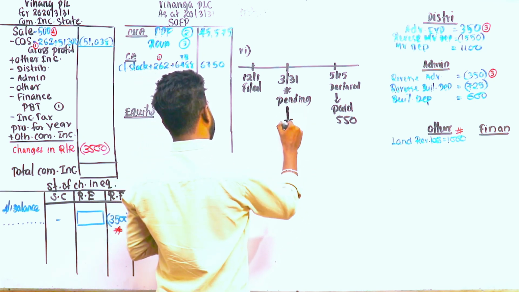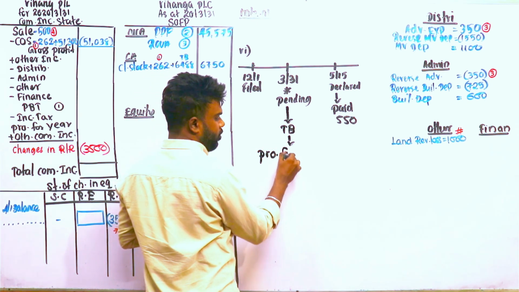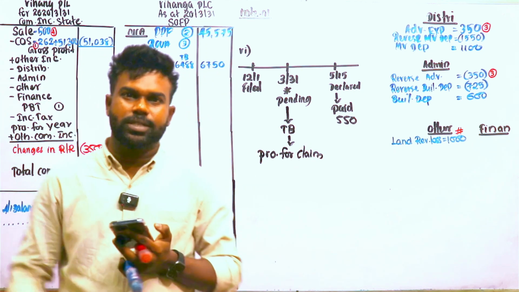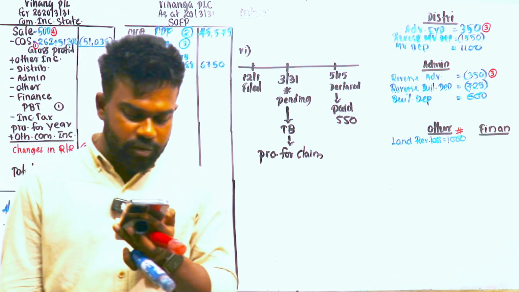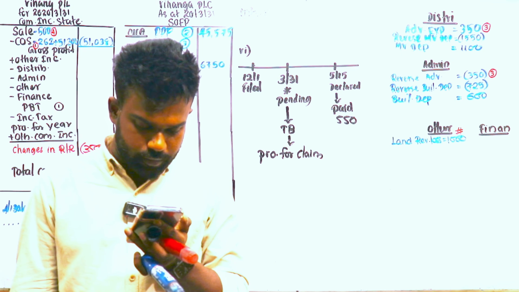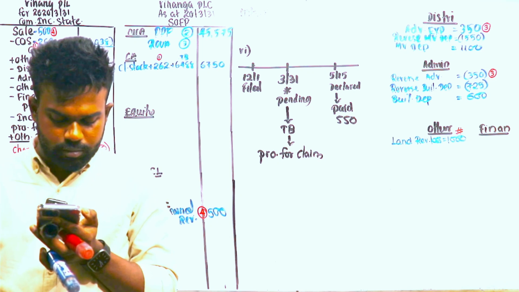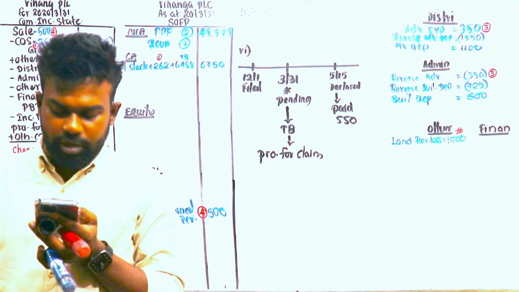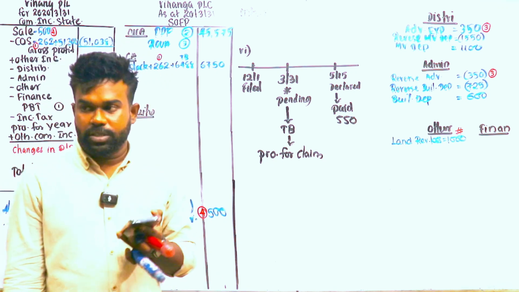So in the trial balance, can you tell me how much the provision for claims, which means provision for compensation, is? Tell me the TB balance, the claim balance. Please have a look at provision for compensation.